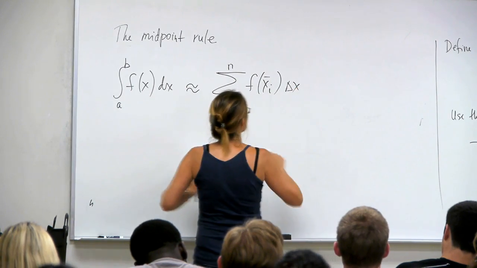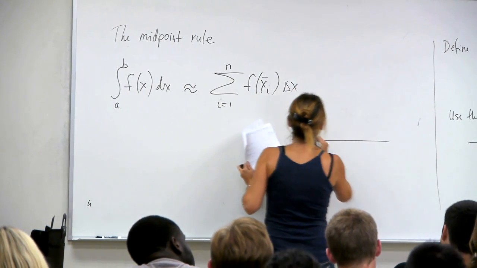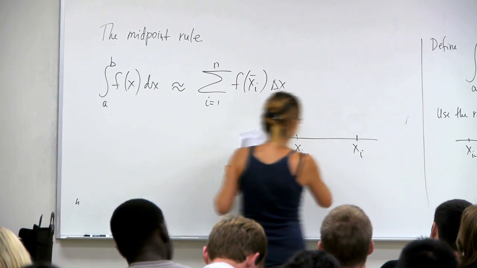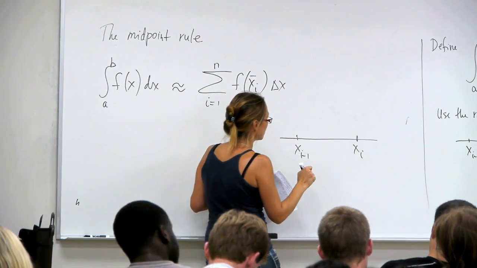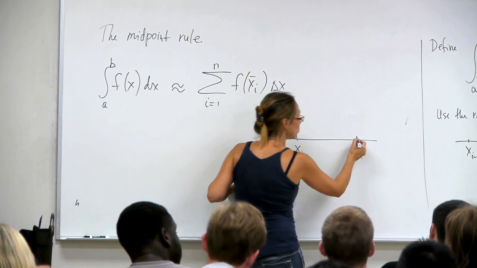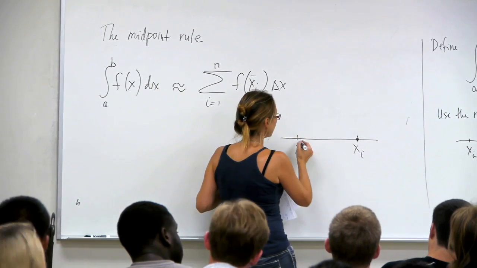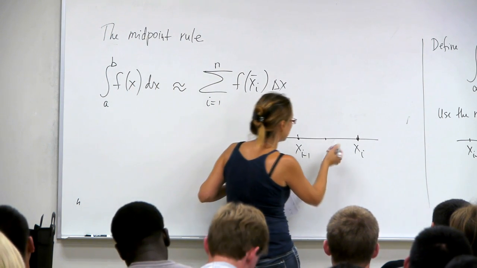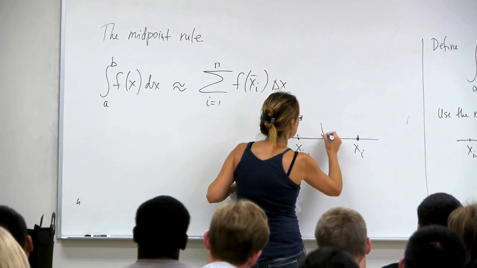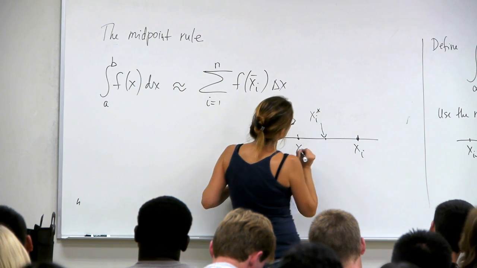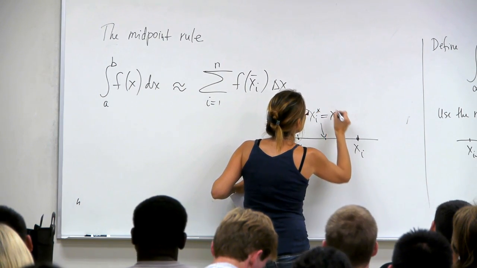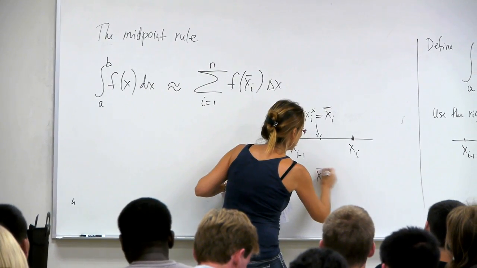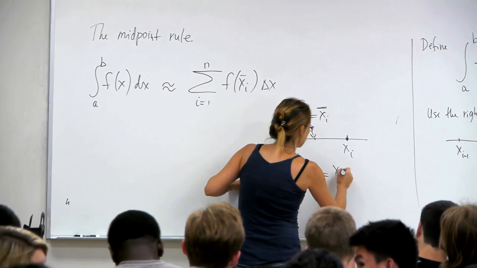What's xi bar? So let's draw one of the intervals from xi minus 1 to xi. Remember, right point rule, we take our sampling point here. Left point rule, we take it here. Midpoint rule, we use the middle. So we say that xi star simply equals xi bar, where it's the middle point.